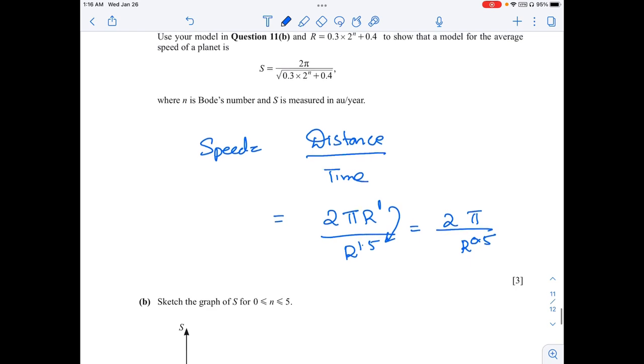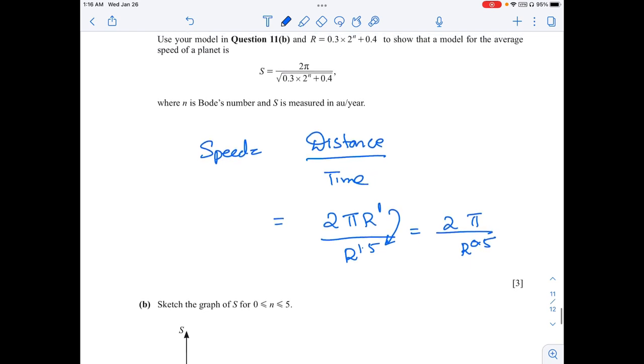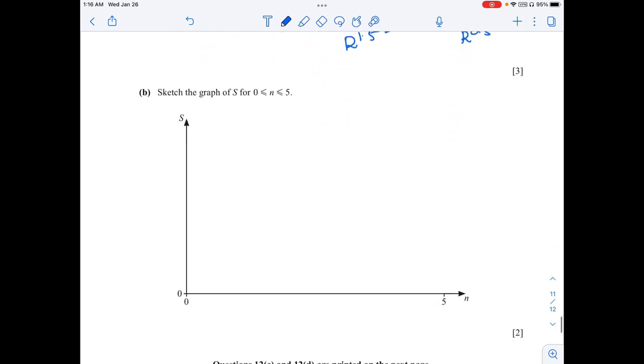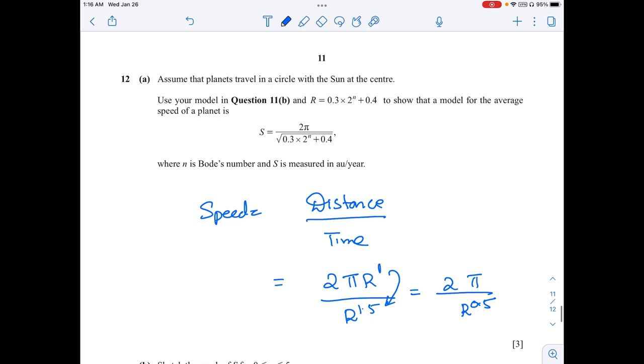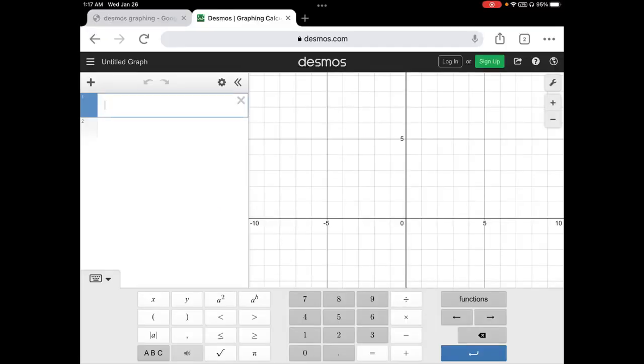Sketch the graph for S with N, S and N. So which one? We are going to graph this part: 2 pi over the square root of 0.3 times 2 to the power of n plus 0.4. So we go to the graphing calculator.